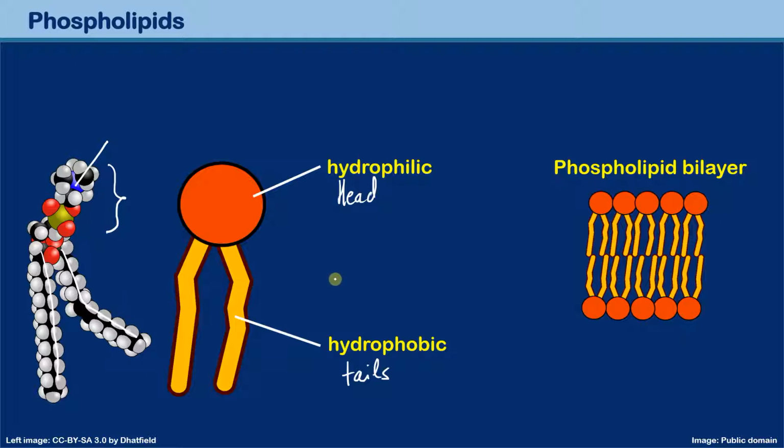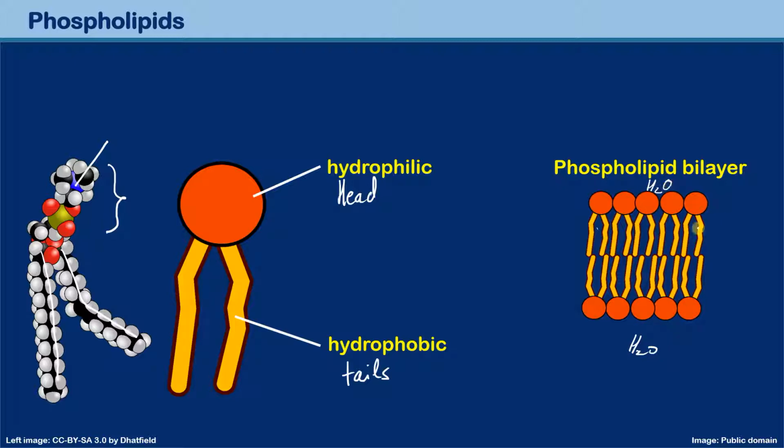Now if you put a whole bunch of phospholipids together and add some water to it, and if you shake the bottle a little bit, then the following is going to happen. The hydrophobic tails, the water-fearing tails, will arrange in such a way that they're together with each other. So the tails are together with the tails, and the heads of the phospholipids are turned outside towards the water. So there's water, H2O, over here, and there is H2O over here.